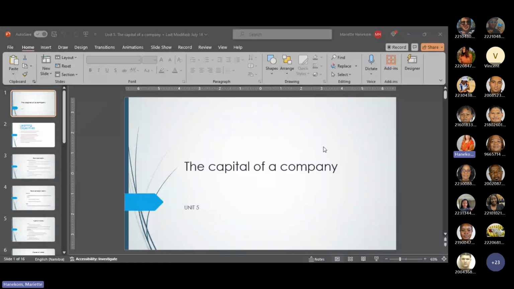Okay, so let's just get back to what we've done so far. We have looked at the constitution of a company, which documents a company's constitution consists of. And then in the last lecture, we looked at the different types of companies.